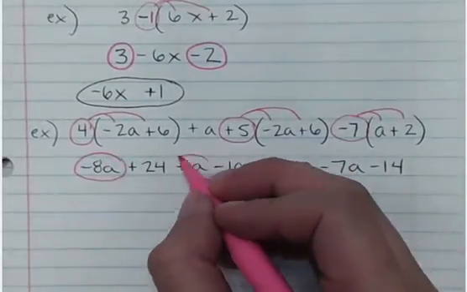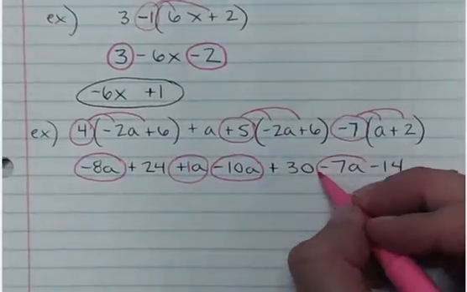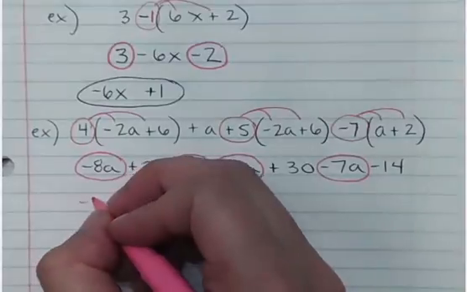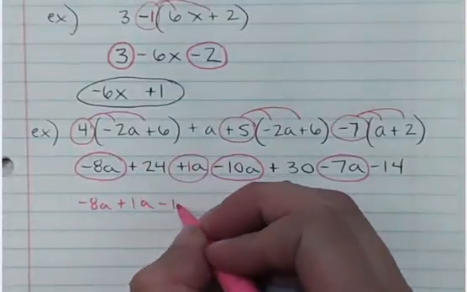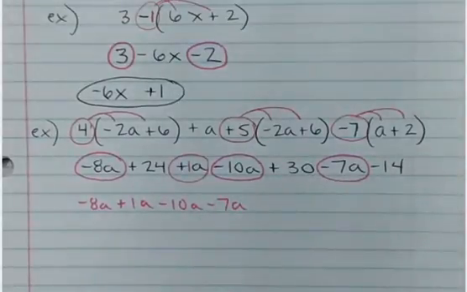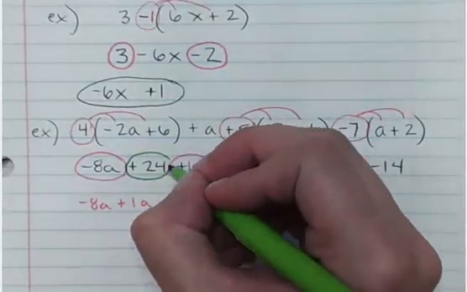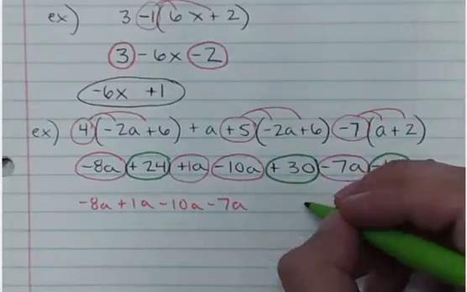There's negative 8a, a positive 1a, negative 10a, and negative 7a. So I'm going to go ahead and write those all out. Negative 8a plus 1a minus 10a minus 7a. And you should be checking your work, making corrections if you didn't get to this point. And then over here I have positive 24 plus 30 minus 14.